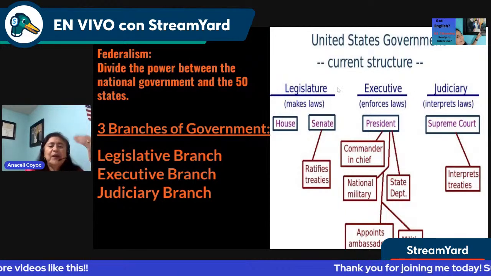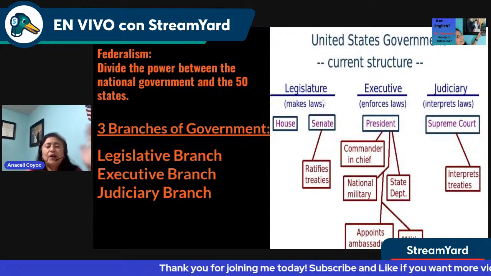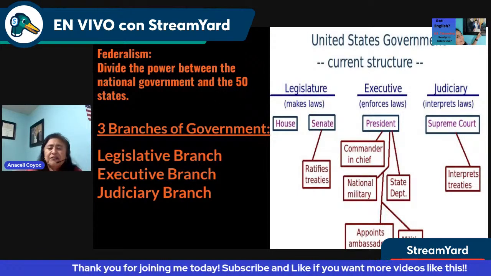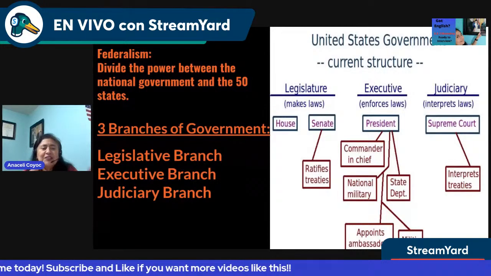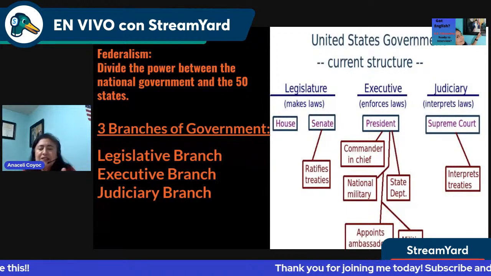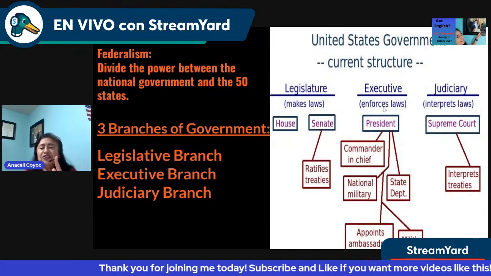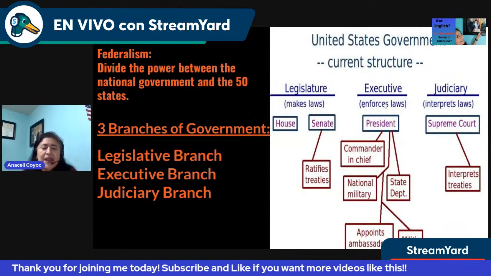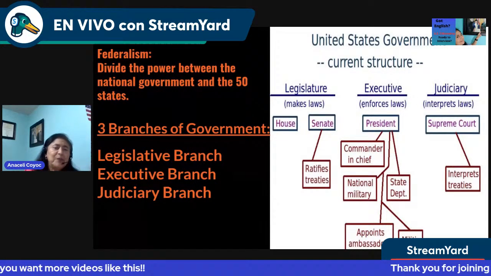When I was talking about federalism, I wanted to explain how our government is divided into 3 different branches, so that the balance of government is balanced, that no one segment of the government would have all the power, like the president, the executive branch. He or she, hopefully she in the future, will not have all the power, but that the power is divided into 3 branches, so that we have a system of check and balance.